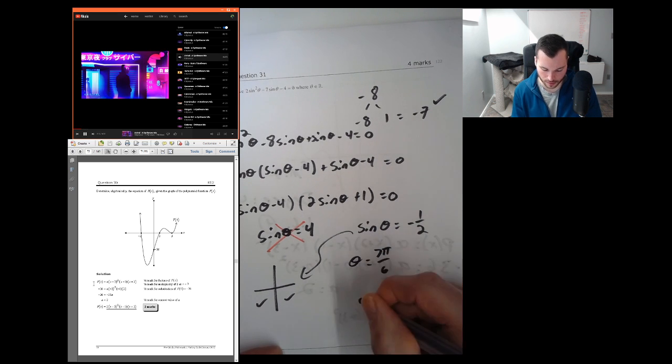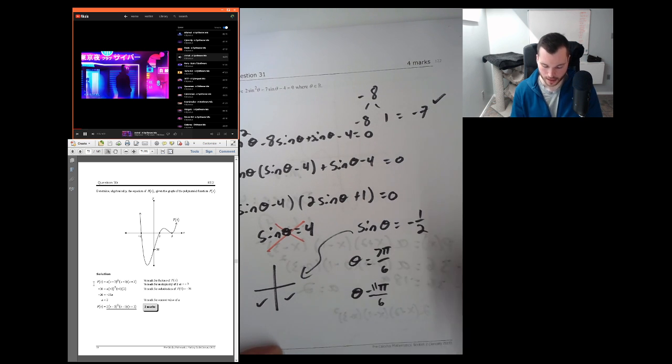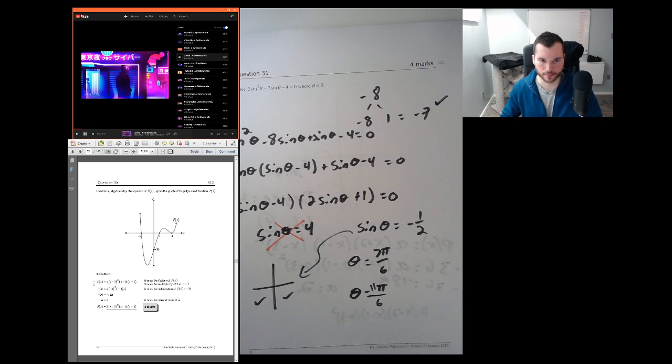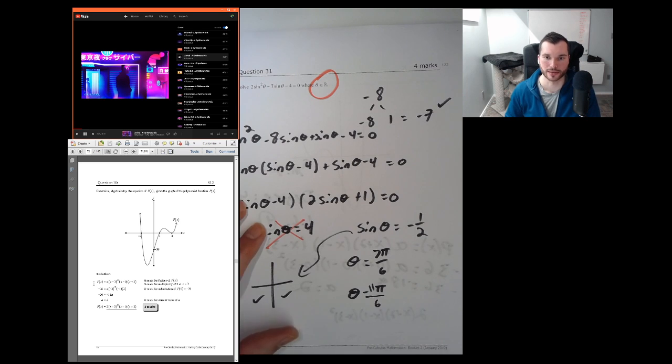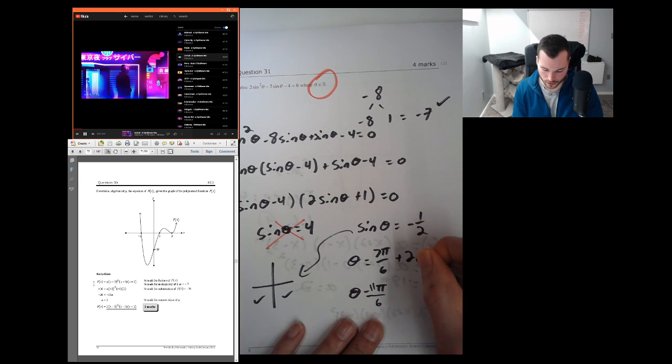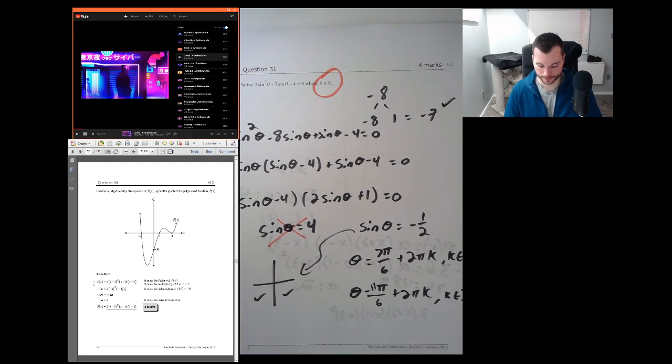And it's going to be 11 pi by 6. Can I save this? Yes. Now, here's the big thing. General. It's got to be general solutions. So, plus 2 pi k, plus 2 pi k. And I'm just going to say k element of the integers. And there we go.